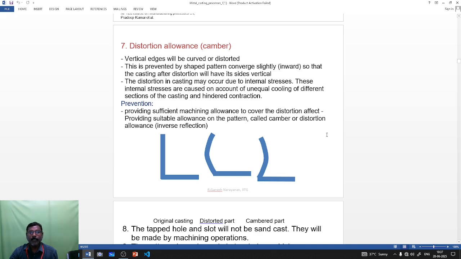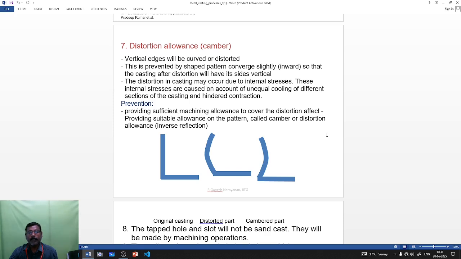So allowances, so distortion allowance. Vertical edges will be curved or distorted. This is prevented by a shaped pattern, so that the casting after distortion will have its sides vertical. The distortion of a casting may occur due to internal stresses.